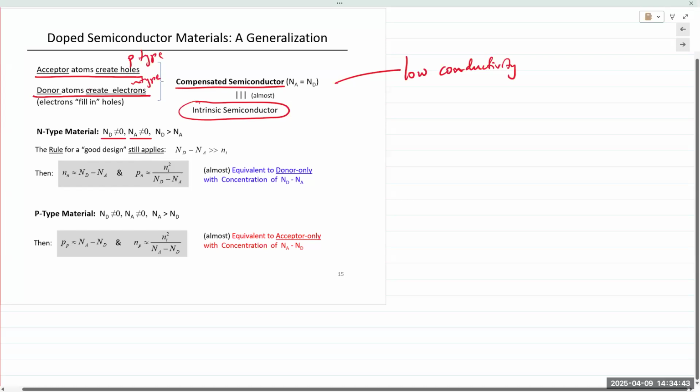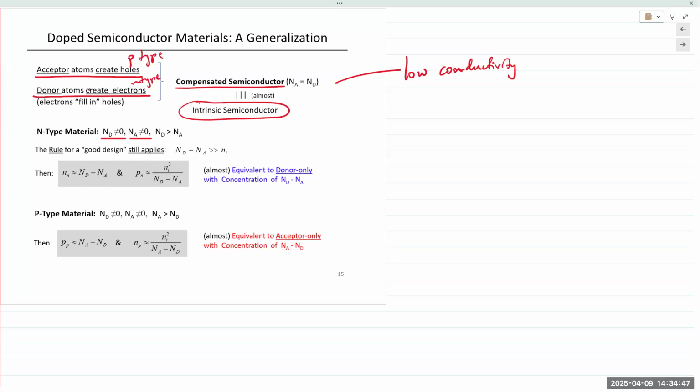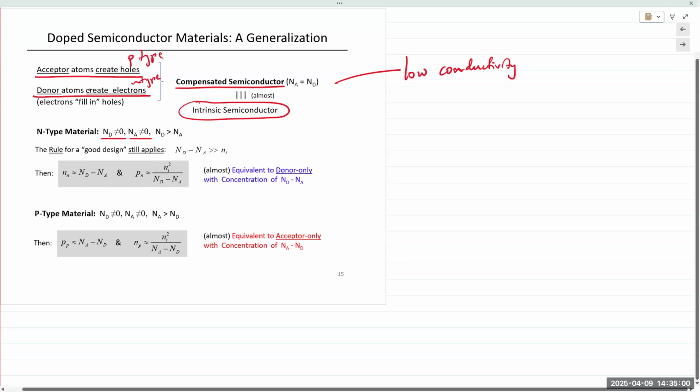The most important criterion to create an N-type material is that the number of donor atoms must be far greater than the number of acceptor atoms, meaning Nd must be far greater than Na.